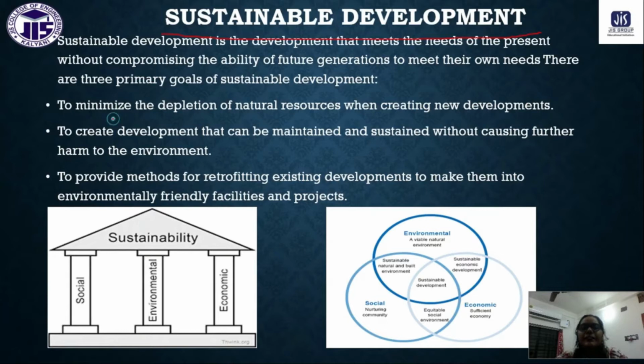To minimize the depletion of natural resources when creating new developments, like we are using so many fuels, the natural resources which are non-renewable and cannot be replaced.